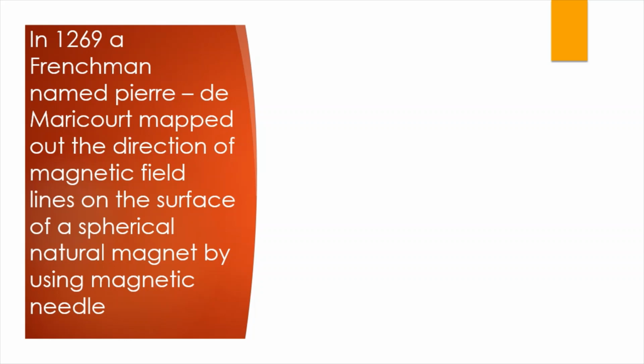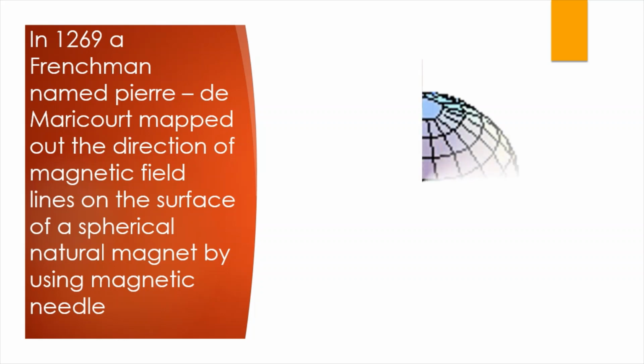He observed that when he joined all those lines, the magnetic field lines formed on the sphere were passing through two diametrically opposite points, which he called the poles of the magnet.